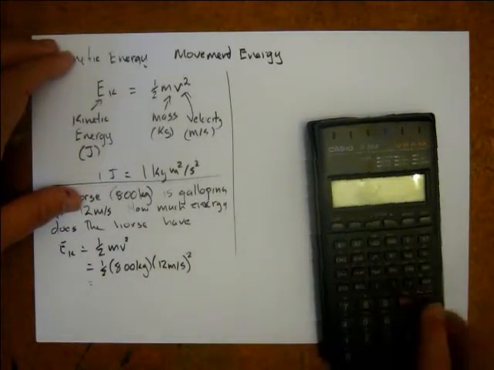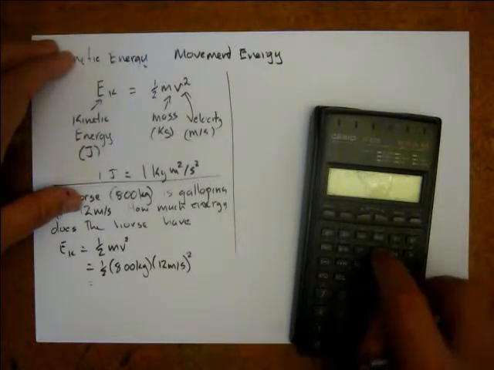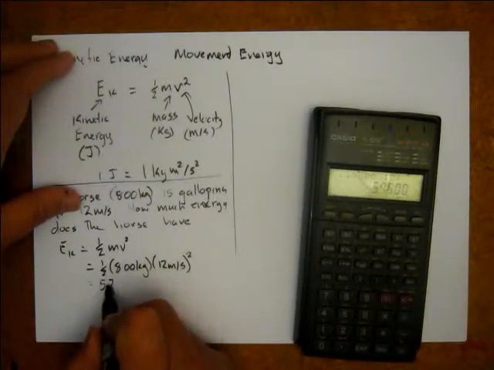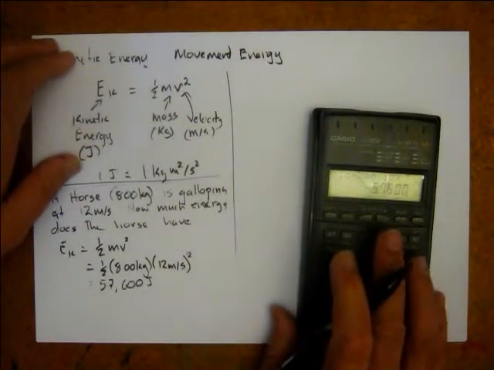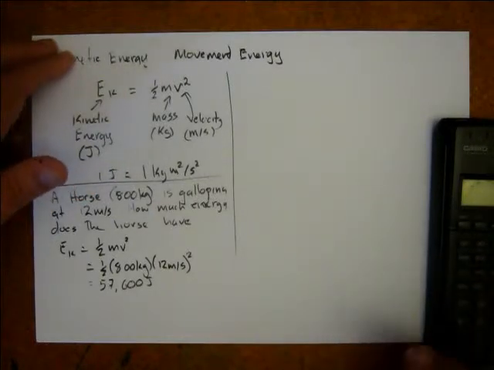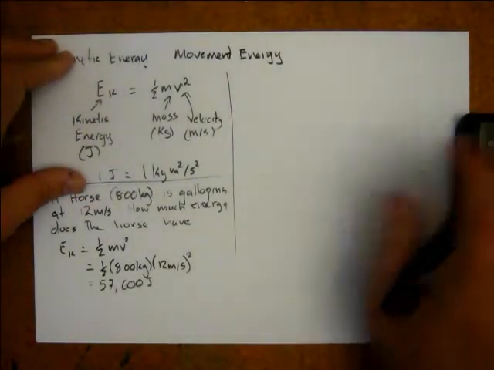So it's 0.5 times 800 times 12 squared, which equals 57,600 joules. Is that a little or a lot? Hard to tell. Does it seem reasonable? Pause. Yep. Okay, let's try another one.